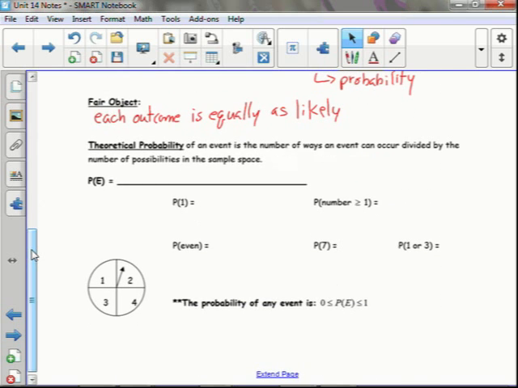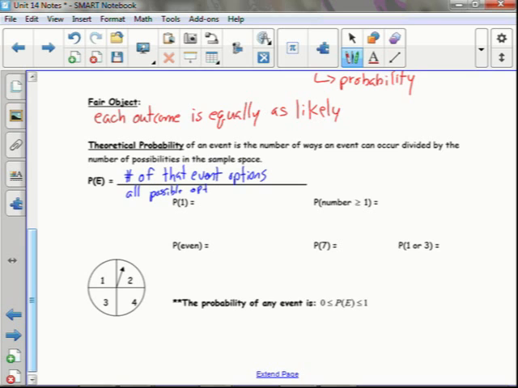So theoretical probability is the number of ways an event can occur divided by the number of possible options in the sample space. So the probability of an event is the number of that event's options divided by all possible options.